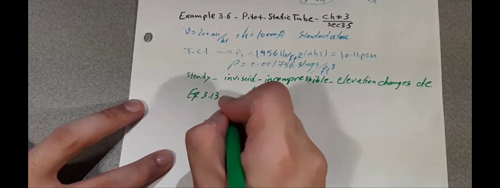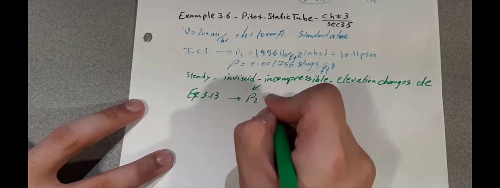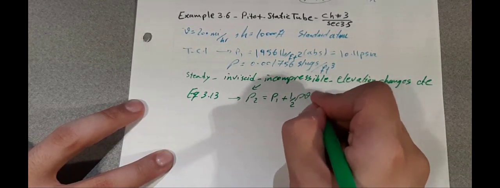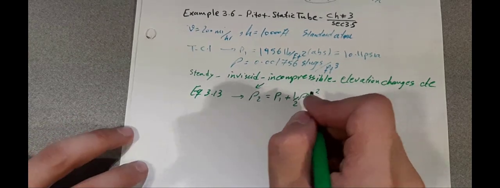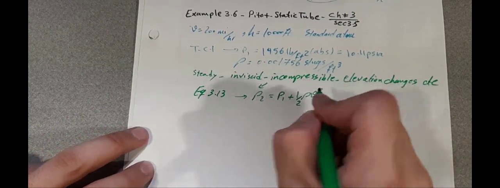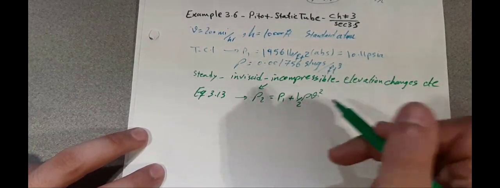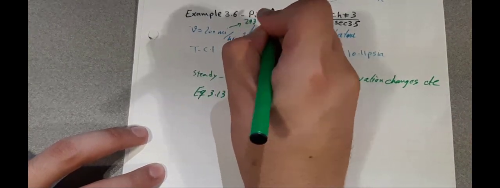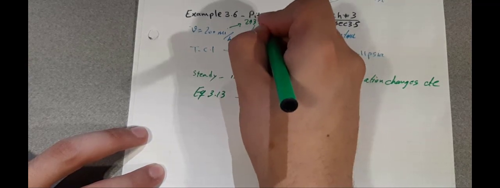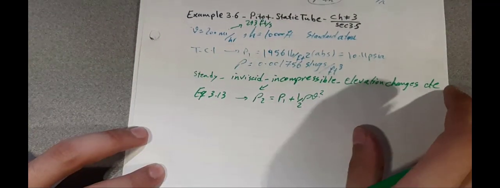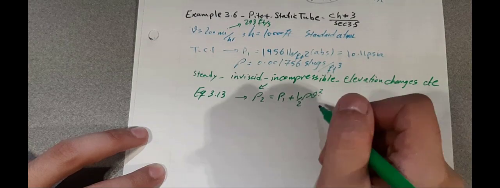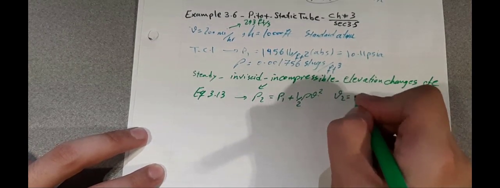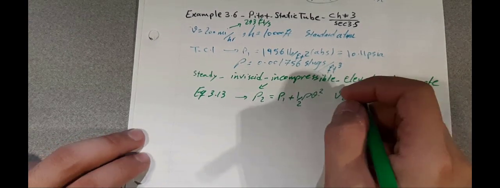That is, P2 is equal to P1 plus 1 over 2 rho V squared. We have this as 200 miles per hour, which is 293 feet per second. And as we reach the stagnation point 2, V2 is 0, as I told you in the instruction.